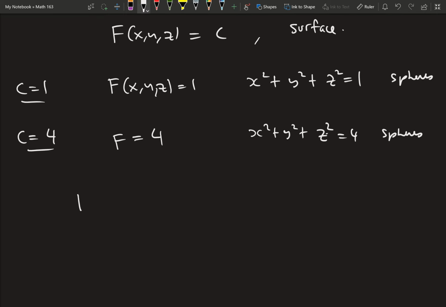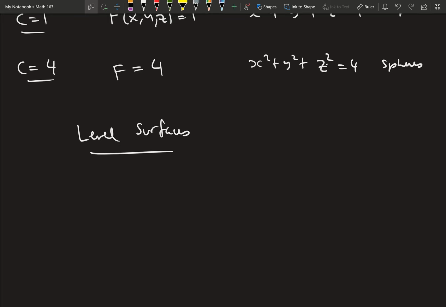So the level surfaces, you can think of these basically like an onion. They're concentric spheres. So here's a sphere of radius 1. Just dot the back part here. So this is c equals 1.